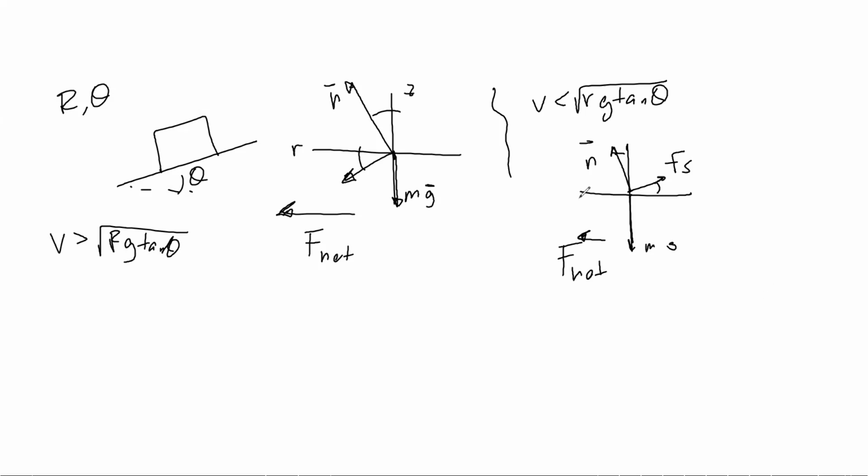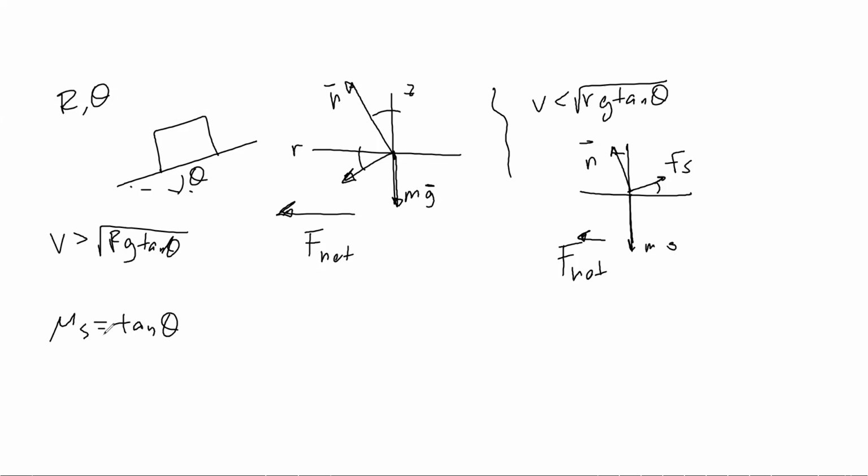And if people are interested, it turns out that in chapter 6, there's sometimes a problem where you calculate a specific angle at which something starts to slip, and you can show that you can measure the coefficient of static friction to be the tangent of the angle at which it starts to slip.